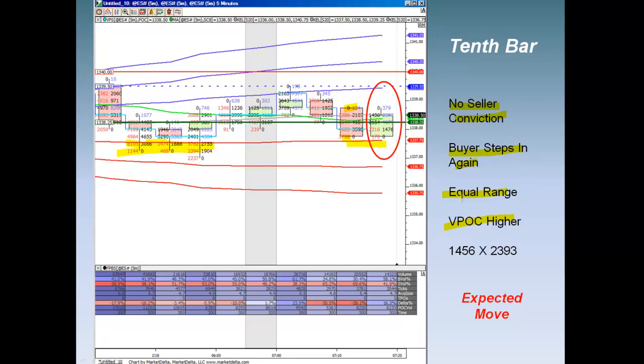The volume POC has moved higher, and in this case it's towards the high of this new bar. And here is my ratio of ask to bid. Even though the numbers are not huge, it's still about double on the ask versus the bid. So this was in fact the expected move that we anticipated by looking to the left.